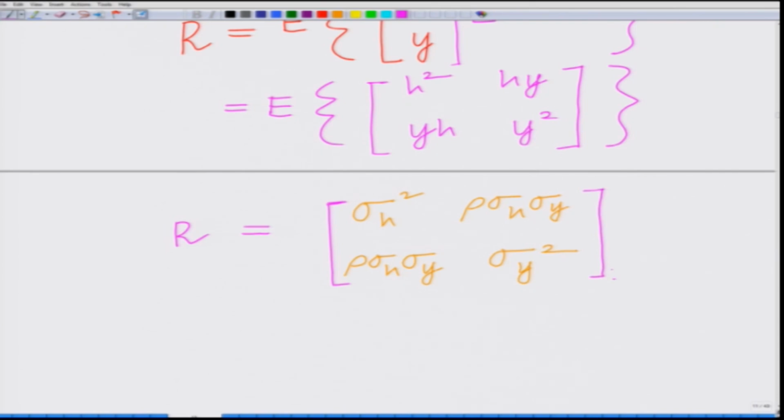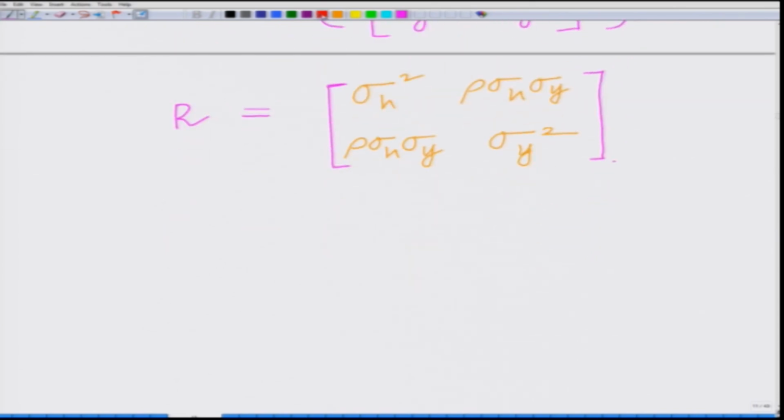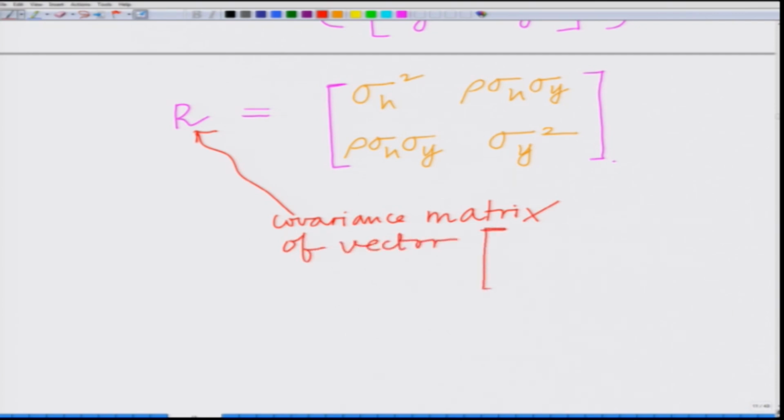This is the covariance matrix of the vector h comma y, where h denotes the parameter and y denotes the observation.